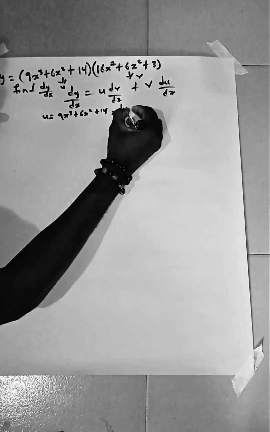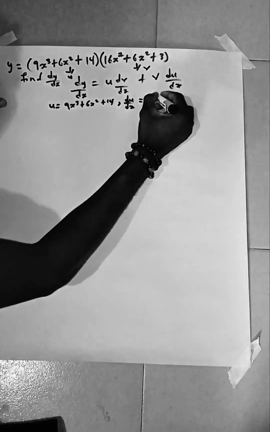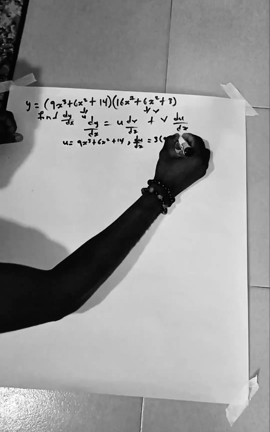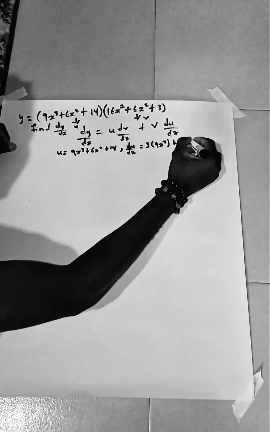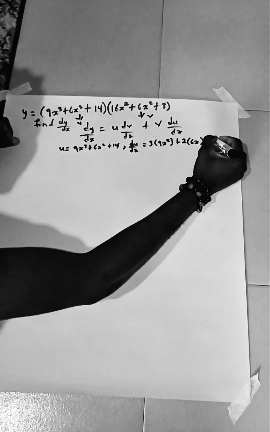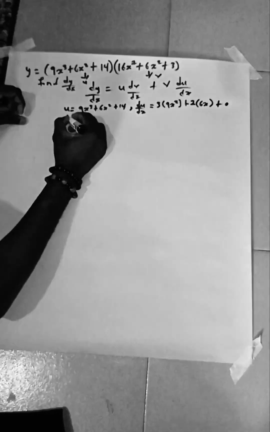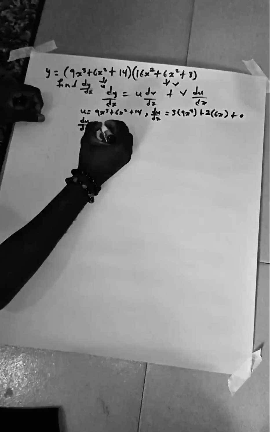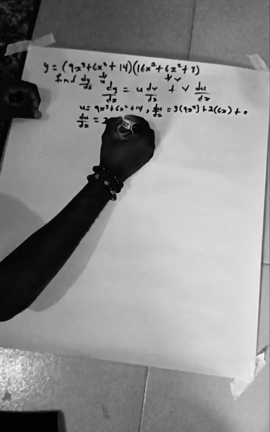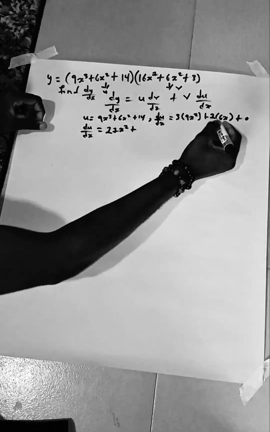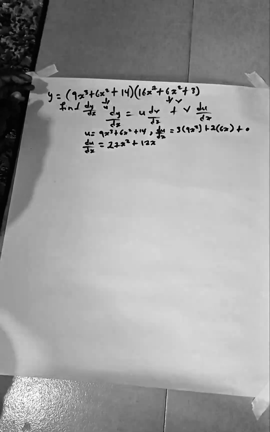So for our du by dx, remember our power rule, 3 comes to the back, this becomes 3 times 9x squared, then plus 2 comes to the back for 6x squared, so this becomes 2 times 6x, then plus the derivative of the constant 14, which is 0. So our du by dx is equal to 3 times 9 is 27, so we have 27x squared plus 2 times 6x is 12x. So this is our du by dx. Hope that's clear.